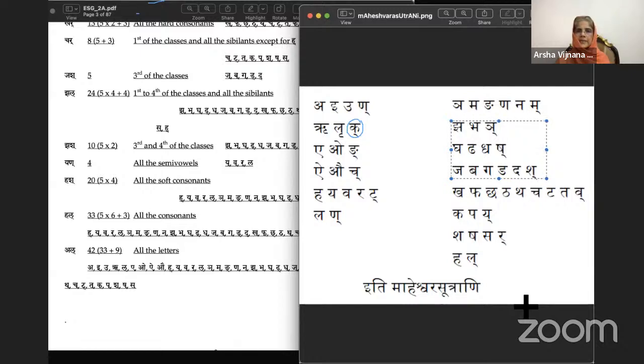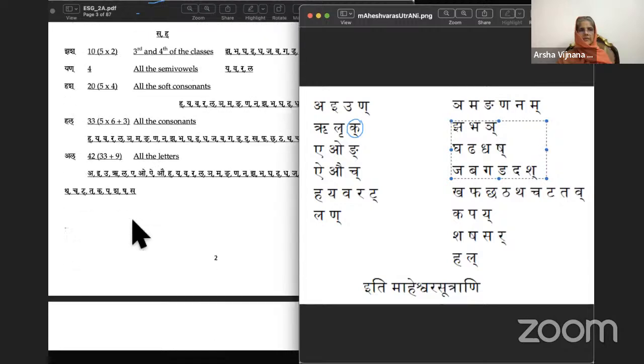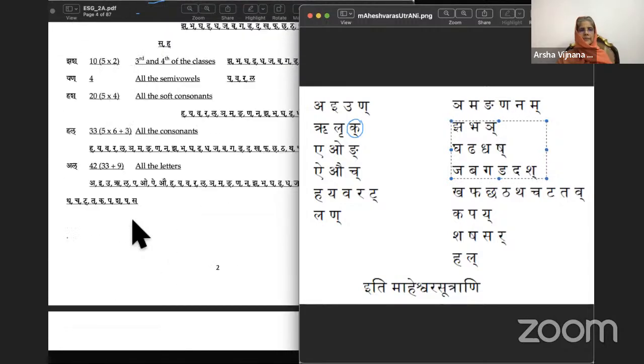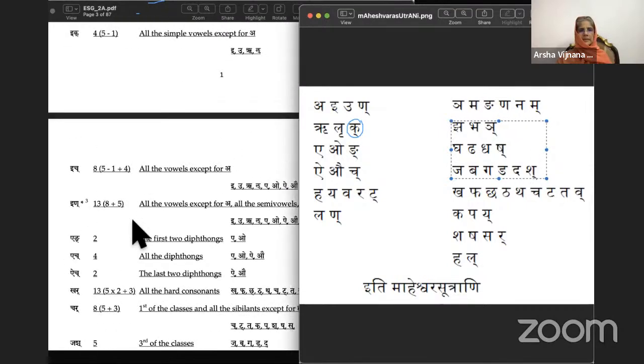Class 3 and class 4 of all the 5 groups. Because all the soft consonants we saw earlier was hush. Remember? So these are the pratyaharas in use, some of them which we have studied.